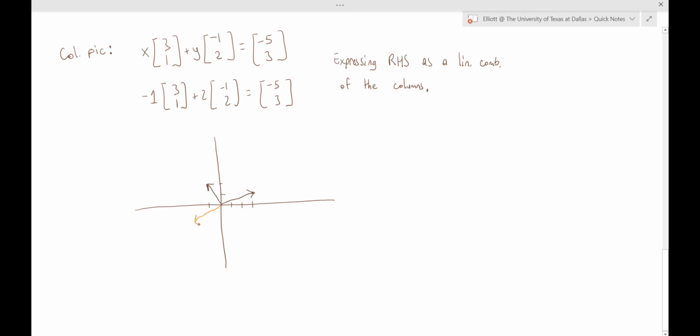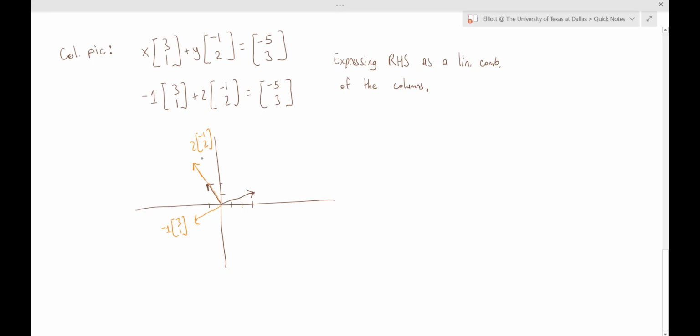So that's negative 1 times 3, 1. And then we've got negative 1, 2, and I'm going to multiply by 2 and draw that out. Multiplying by 2 would double the length. So maybe about here. So that's 2 times negative 1, 2.